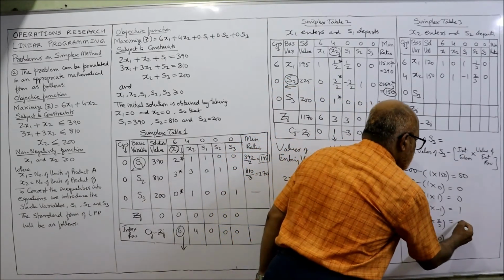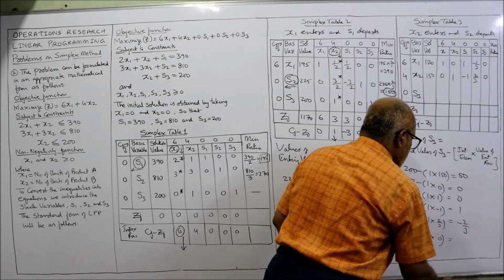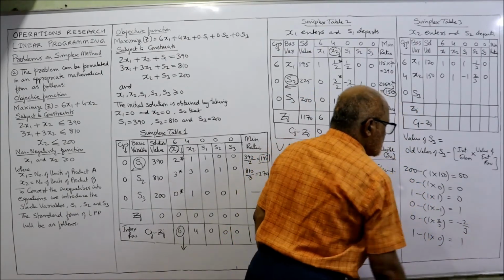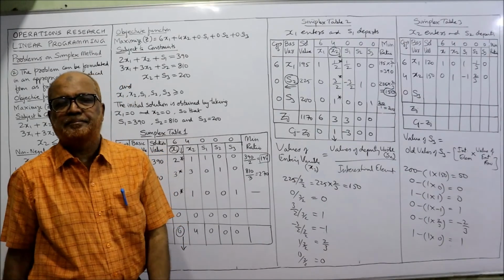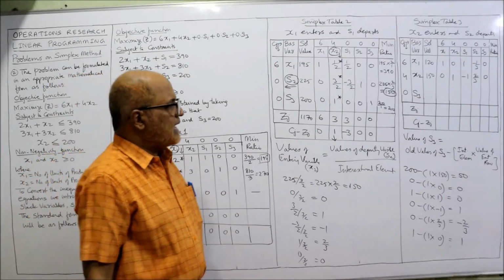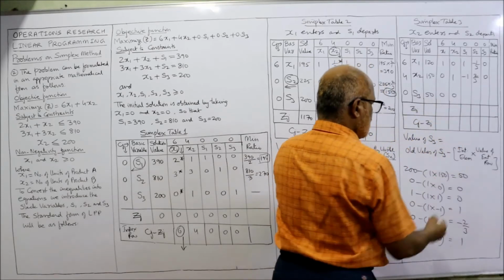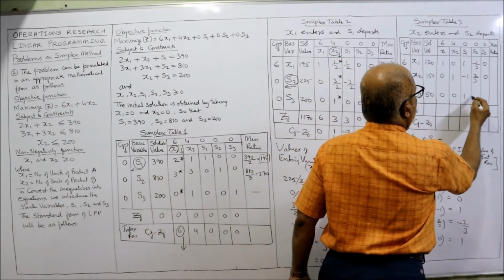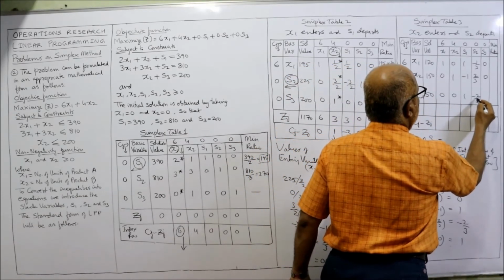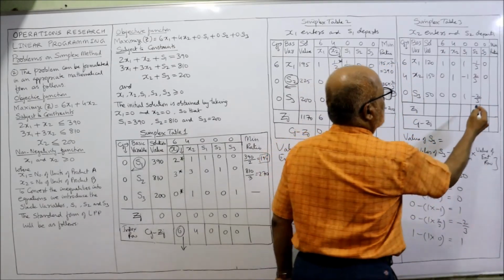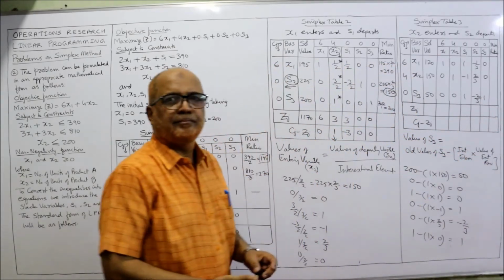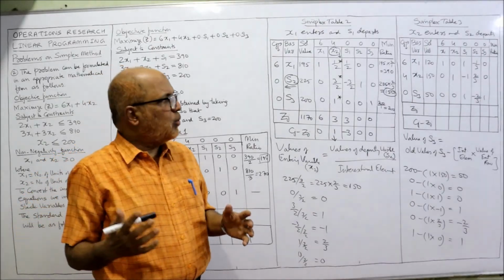So minus 2 by 3. Then 1 minus 0 is 1. That's it. Now you take these values, S3 values, 50, 0, 0, 1, minus 2 by 3, then 1. That's it. We got all the values.